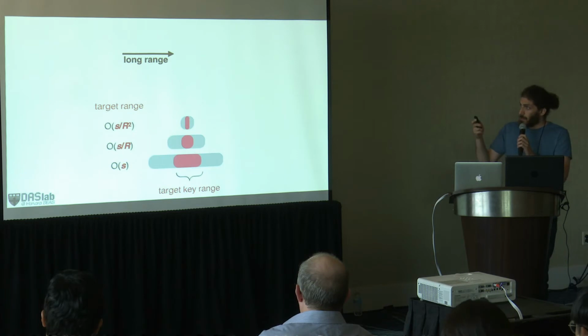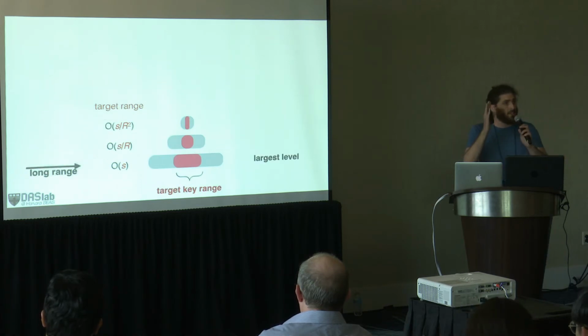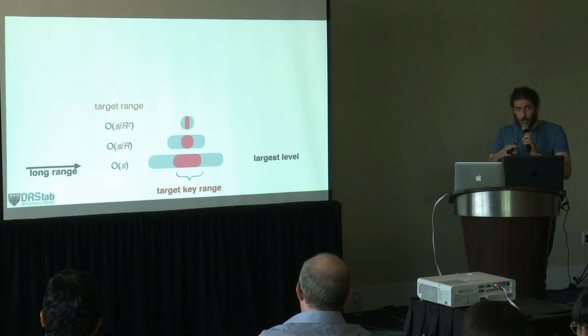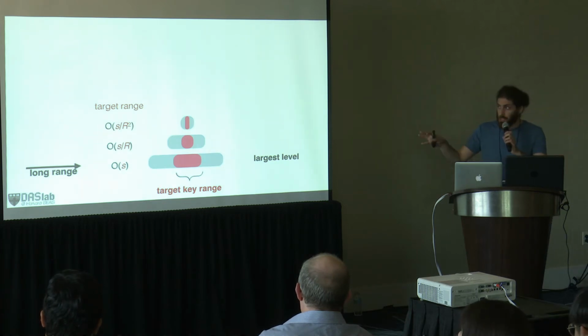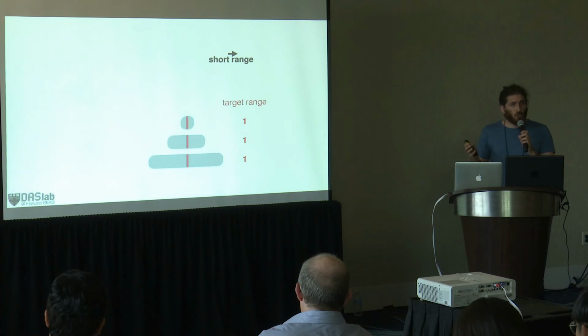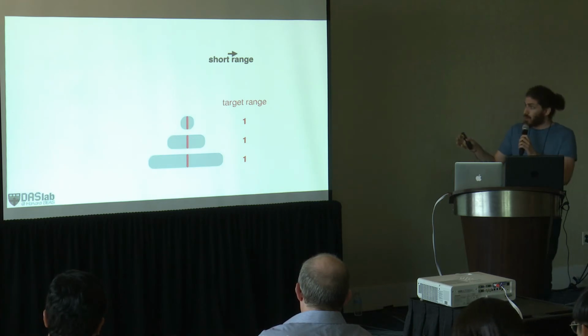In the same vein, for long-range lookups, for any given target key range that your application wants to access, because the largest level is exponentially larger than the rest, most of the keys that you're going to be looking for are going to be at the largest level. And so access to the largest level also dominates cost for long-range lookups. On the other hand, for short-range lookups, we have to issue one random I/O to each one of the levels. So our cost is going to be log of n, the number of levels.